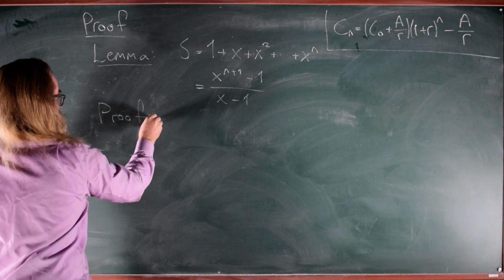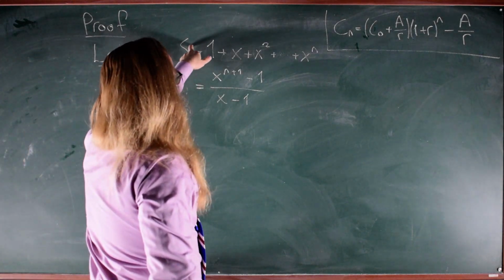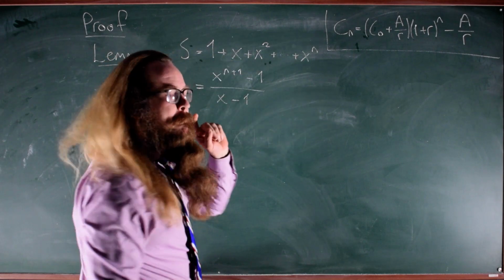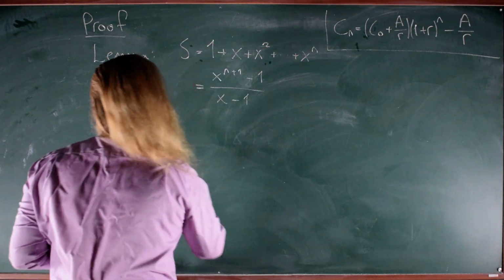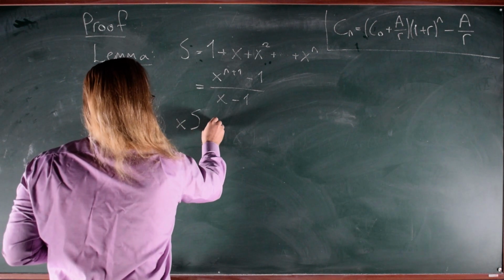What I do is I take this sum here and multiply it by x. So I check what happens if I multiply s by x.